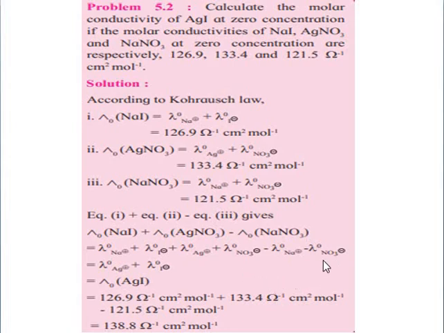Here the lambda 0 NO3 minus terms cancel. Similarly, the positive lambda 0 Na plus and the negative lambda 0 Na plus cancel. Only lambda 0 Ag plus lambda 0 I minus remains, and this is the molar conductivity of silver iodide. Then add the values of the molar conductivities of NaI and AgNO3 and subtract that of NaNO3.